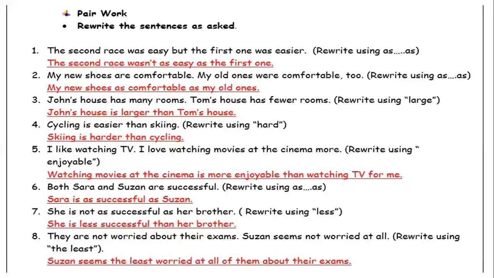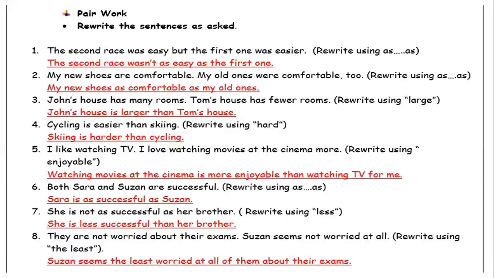So the best answer is watching movies at the cinema is more enjoyable than watching TV for me. You can notice that we use more before enjoyable because enjoyable has more than one syllable. So we should use more before it and then than after it in a comparative sentence.